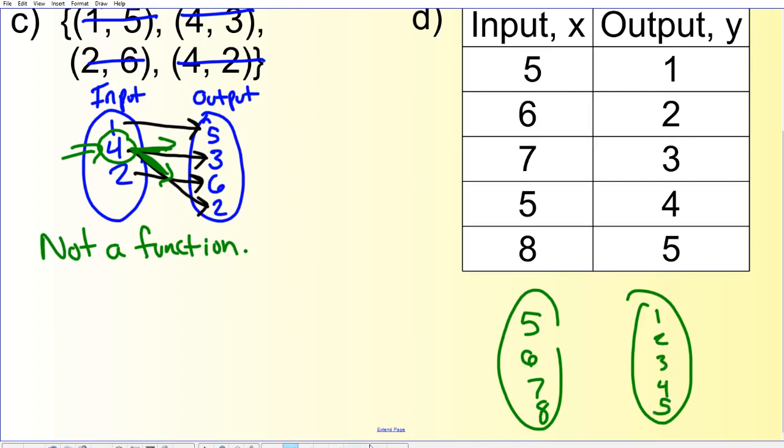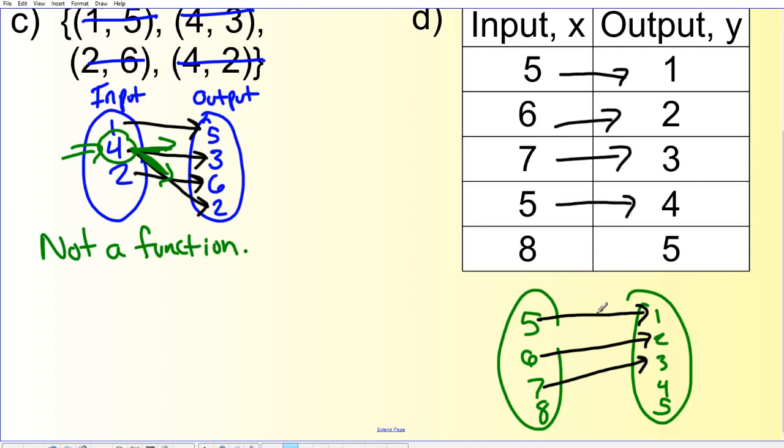I'm going to change color for mapping. 5 goes to 1. 6 goes to 2. 7 goes to 3. 5 goes to 4. Here's 5 going down here to 4. 8 goes to 5. Okay, so mapping diagram complete.